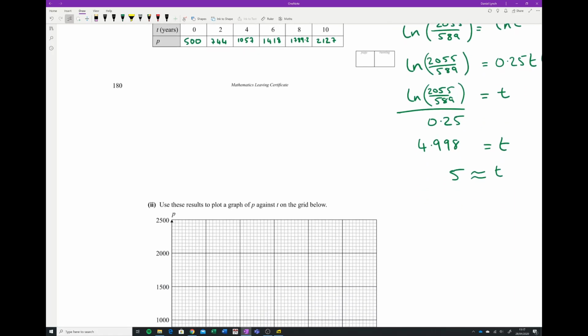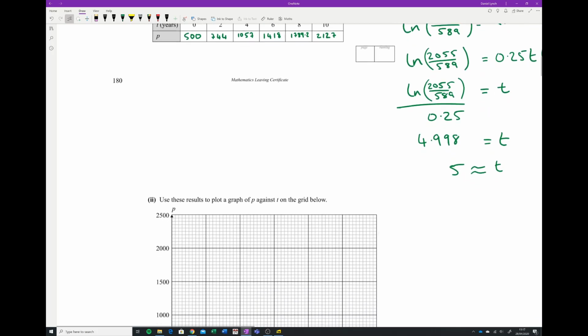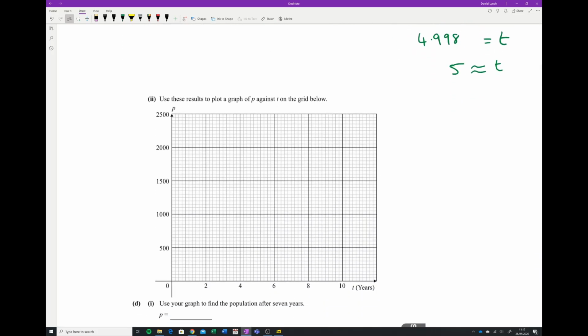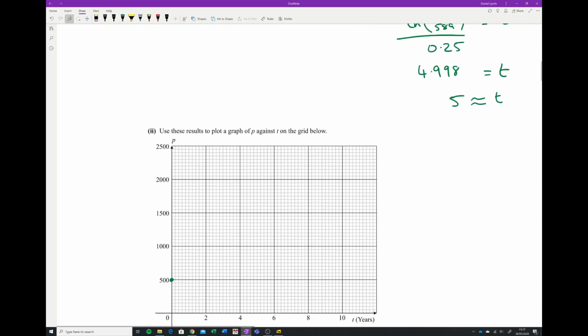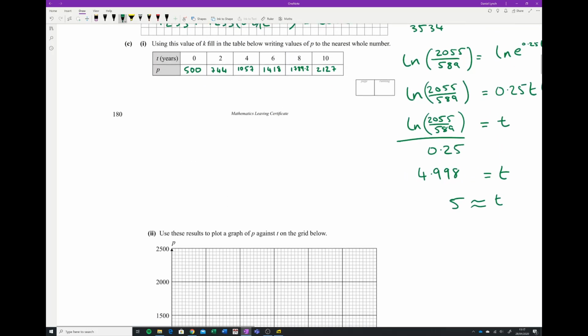Okay, use these results to plot a graph of p against t on the grid shown. So at t equals 0, we have 500. At 2, we've got 744. Okay, so about here is about 750, so 744 is really close to that.